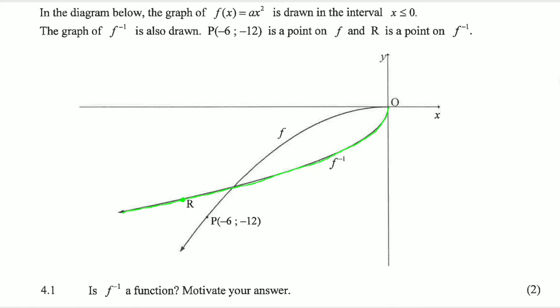Is f inverse a function? For f inverse to be a function, every x value must have one corresponding y value, and we can use the vertical line test to check this. We'll draw vertical lines through the graph like this.